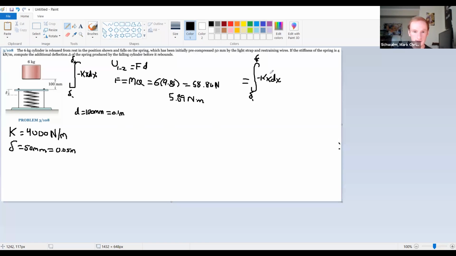And since this is going to be resisting instead of pushing, there's a note in Dr. Miri's notes that we're just going to keep this positive, so we don't even have to think about it. All right.